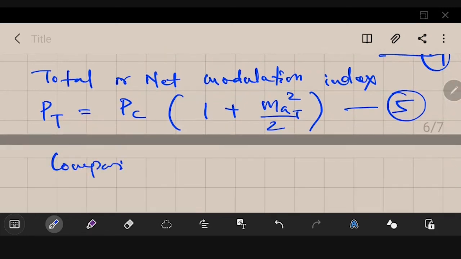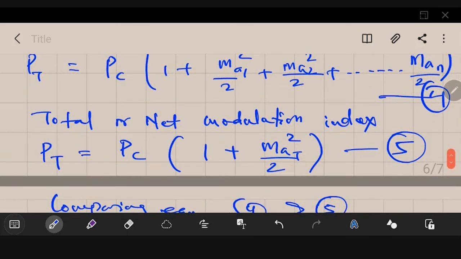So comparing equations 4 and 5, here you could see what is common and which things are actually related. The first one is PT equal to PC into 1 plus MA1 square by 2 plus MA2 square by 2, this way dot dot dot dot, MAn square by 2.